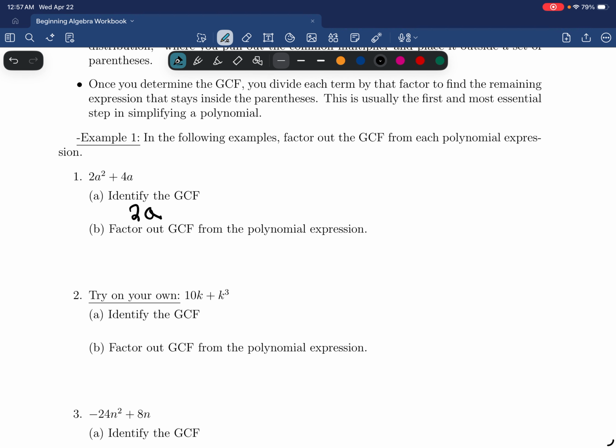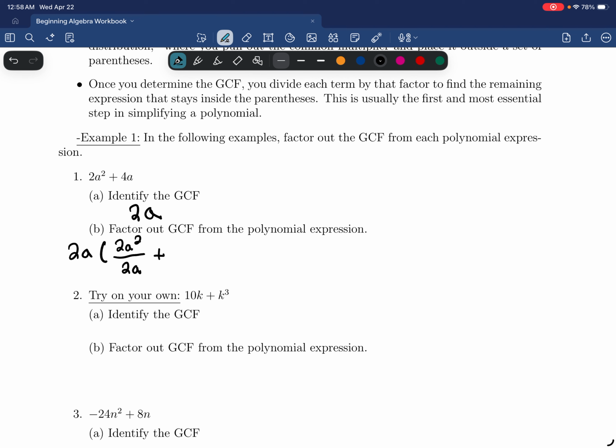Now to actually factor that out of the polynomial, it's very similar to what we did in the last section. We bring out 2a in the front, and then we divide every term within the polynomial by 2a. So the first term, 2a squared, we divide by 2a.